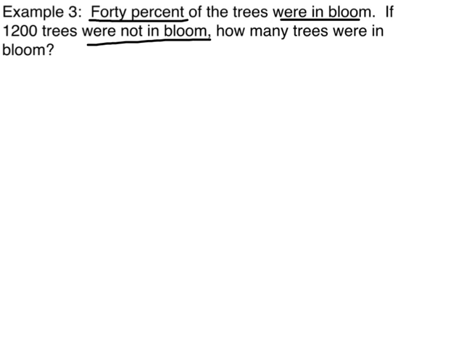But we're trying to find out what percentage would be the same as the 1,200? Well, if 40% were, then that means that 100 minus 40 is 60, so 60% were not.